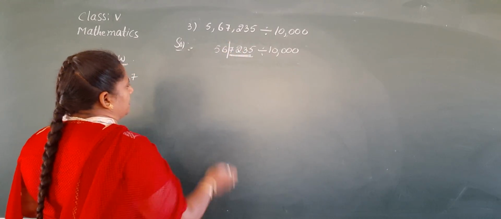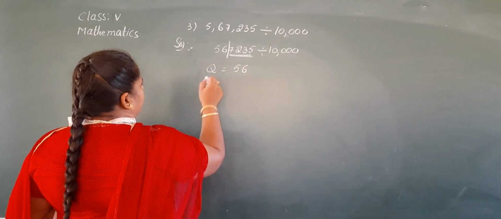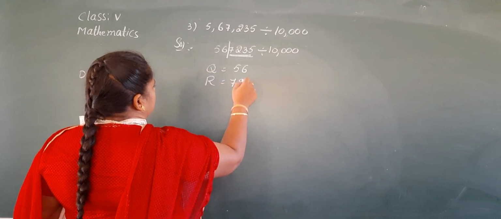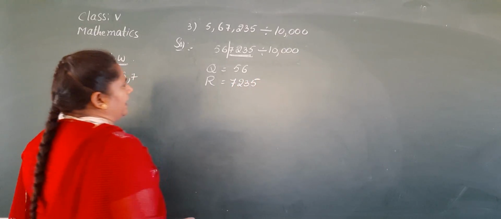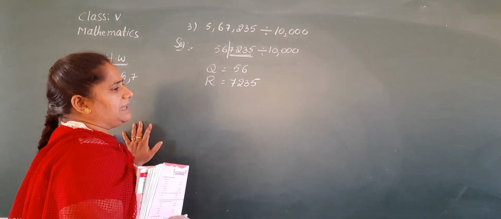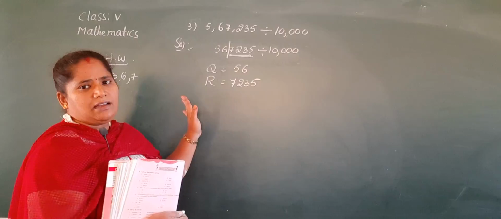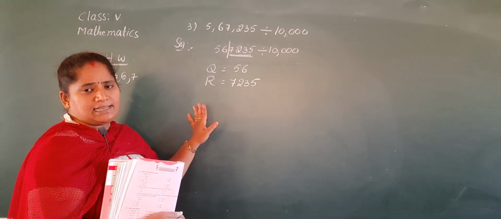Okay, have to break up this. Now this left side part becomes the quotient. Quotient equal to 56. Remainder is equal to 7,235. Already we know this. If a number is divided by 10,000, the last 4 digits become the remainder and the left side part becomes the quotient. Okay, ma? Is it clear to you?